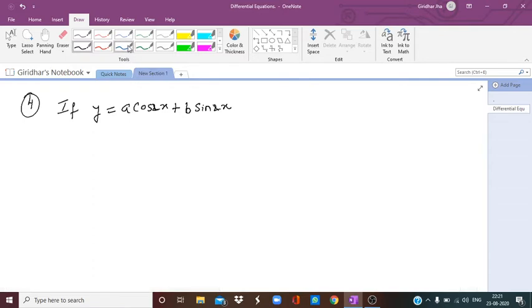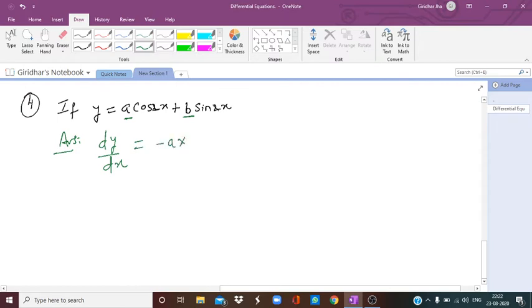While looking at this curve, we observed that we have two arbitrary constants a and b. So we must differentiate twice, correct? We start differentiating: first dy by dx, which is minus a into 2 sine 2x plus b into 2 cos 2x.